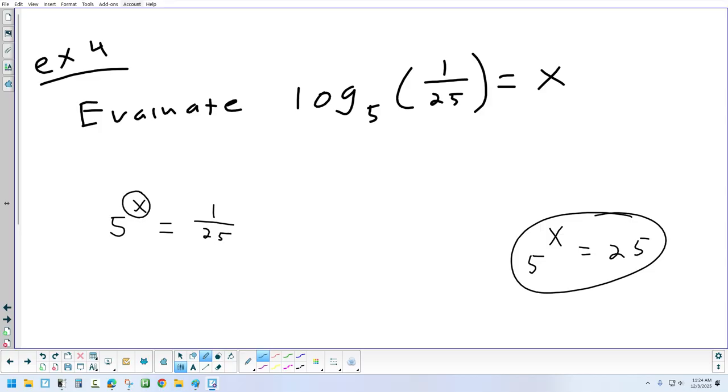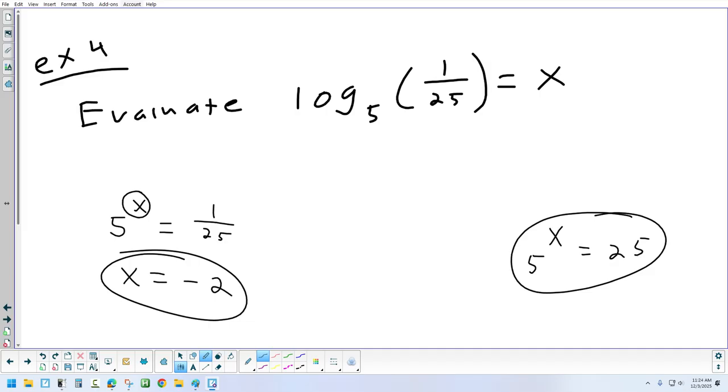What kind of number in an exponent causes it to flip and become a fraction? Yeah? Negative. So in this case, x would be negative 2. So if you get stuck figuring it out when it's equal to a fraction, pretend that it wasn't a fraction and find the answer, and then just say, okay, I want it flipped, so just make the answer a negative.